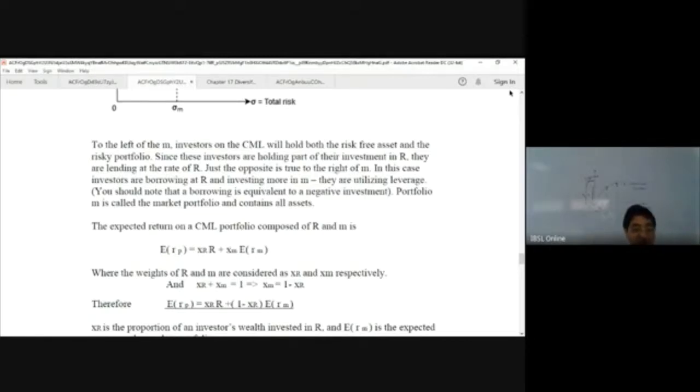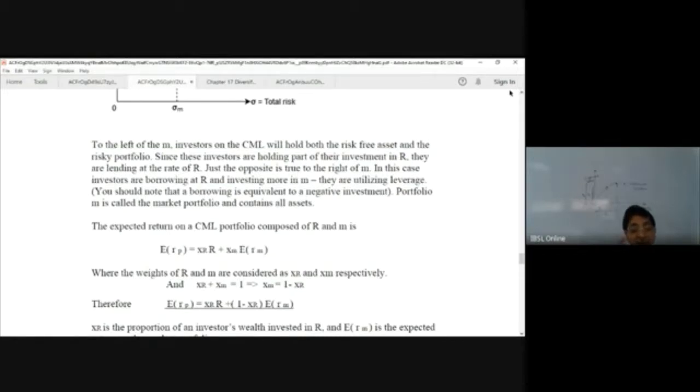Or in other words, it is the weighted average return of both assets. We got the portfolio return. In the same manner, we can calculate the portfolio return in this way, because the return of risky assets would be ERM. Return of risk-free asset is capital R.